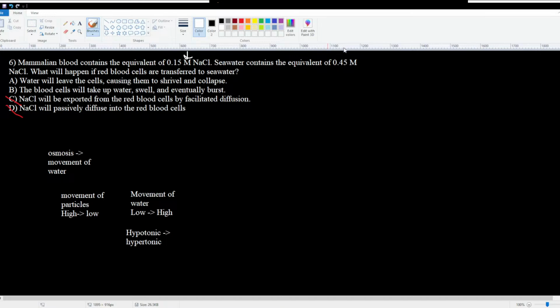Molar is just a measure of concentration of solute, right? Molar is equal to moles over liter, if you're taking chemistry, which you don't really need to know. You just need to know higher number, we're going to be more concentrated. Anyway, in this case, the seawater with the equivalent of 0.45 molar is going to be hypertonic versus the 0.15 molar, which is now going to be hypotonic.